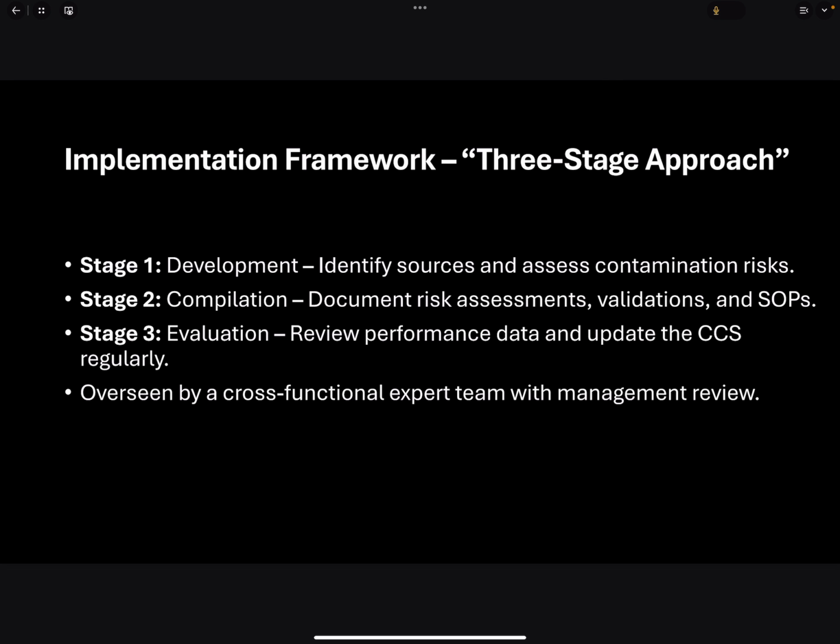And stage 3 is evaluation, reviewing results and updating the CCS based on performance data. This cycle repeats under management oversight, ensuring continuous improvement over time.